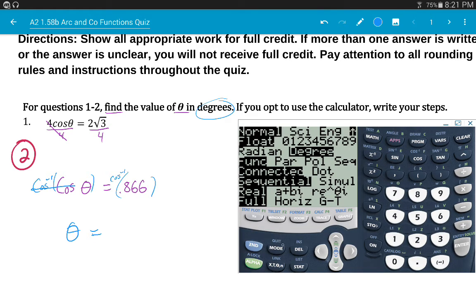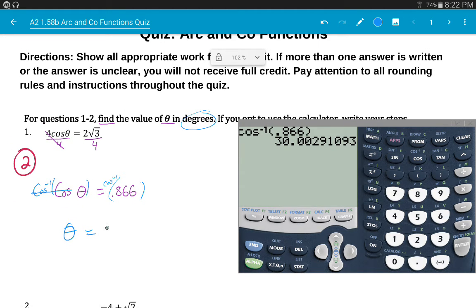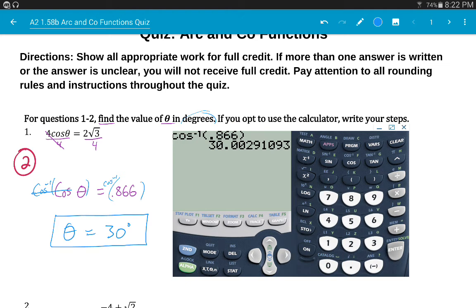Yep, degree is highlighted. So let's see. Arc cos of 0.866, and that is 30.002, etc. So we want to find it in the whole number of degrees, so 30 degrees. All right.